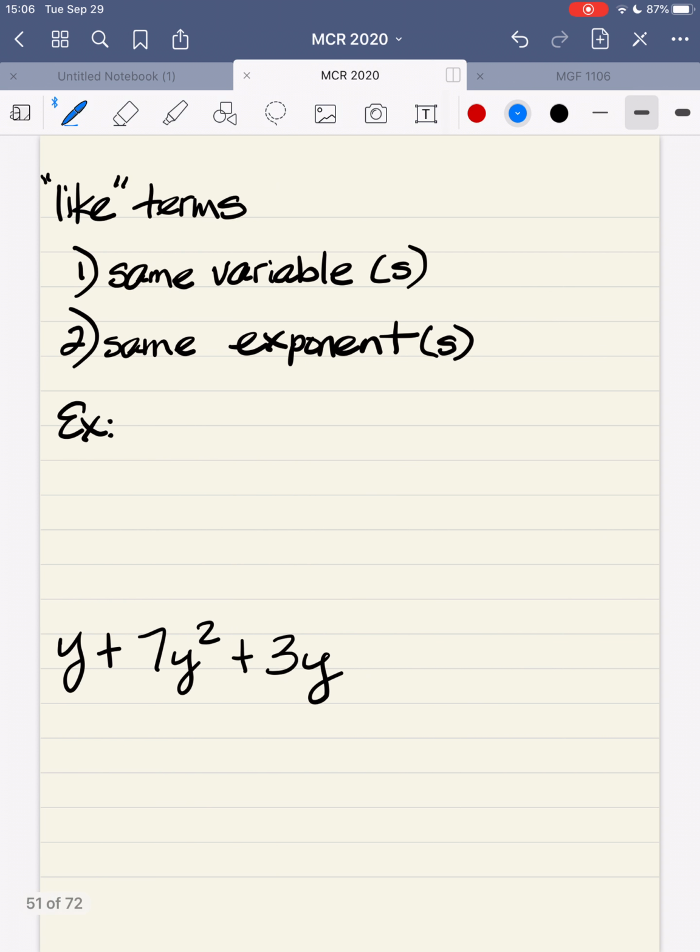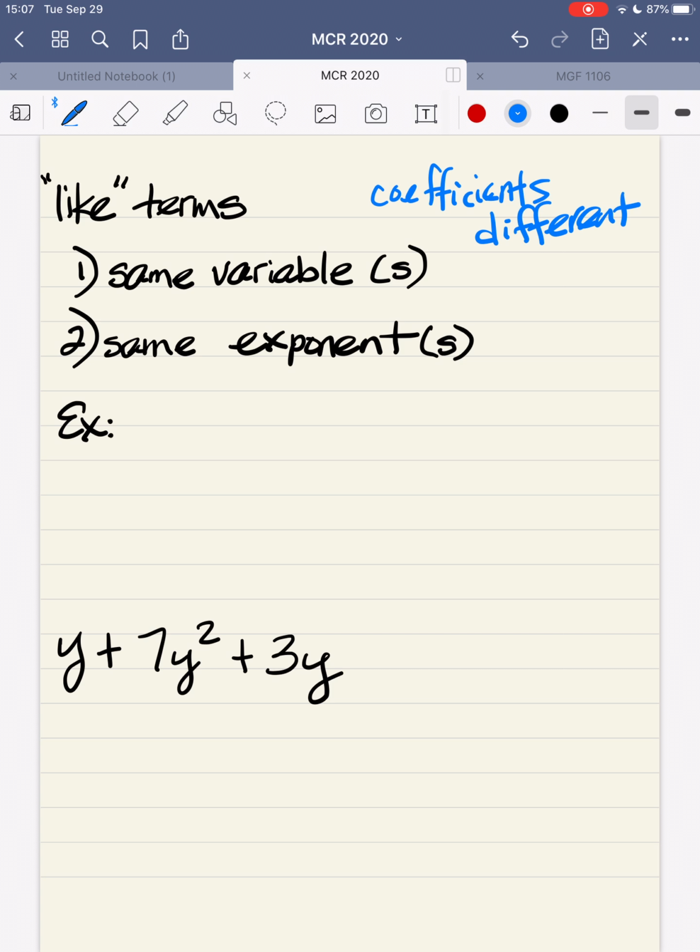Right? So like terms have to have the same variable or variables and the same exponents. They do not need the same coefficients. Okay? So coefficients can be different, and we don't care about that. So when we're adding and subtracting these like terms, we are really working with their coefficients.